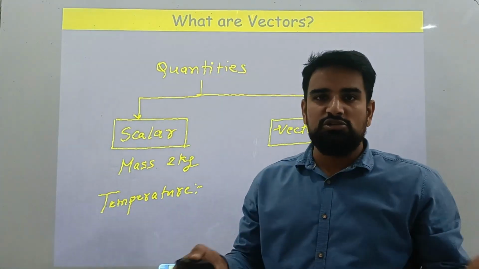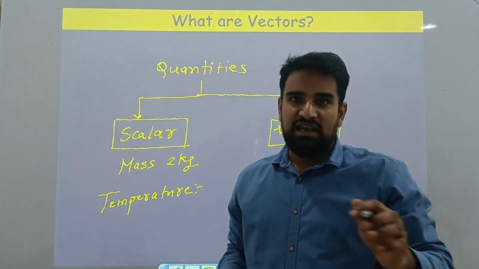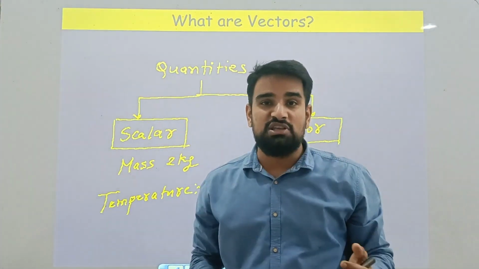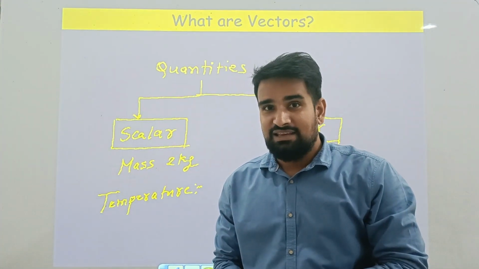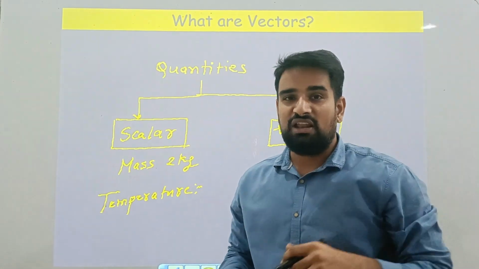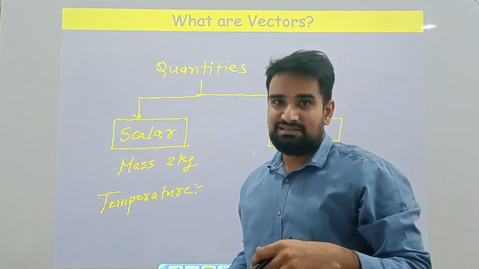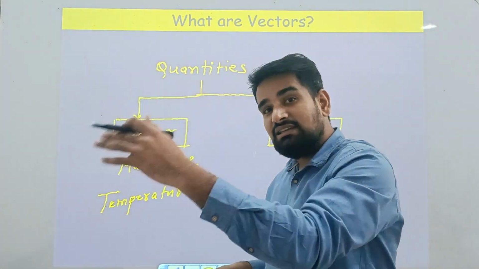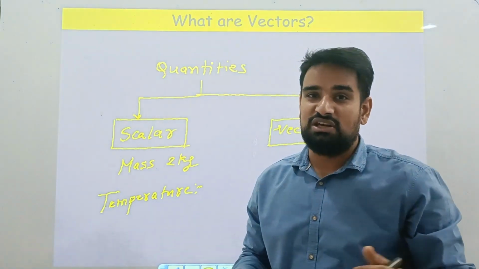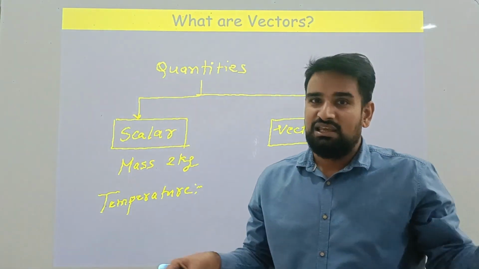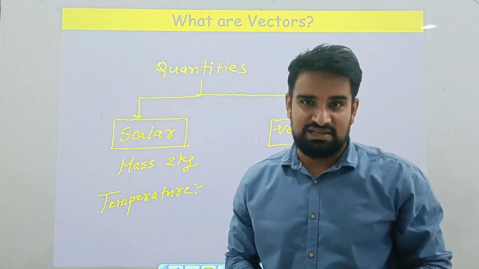If you say right now the room temperature is 27 degrees Celsius, or you may say 60 Fahrenheit, you won't say in which direction the temperature is 27 degrees Celsius, because it does not need any direction to specify itself.